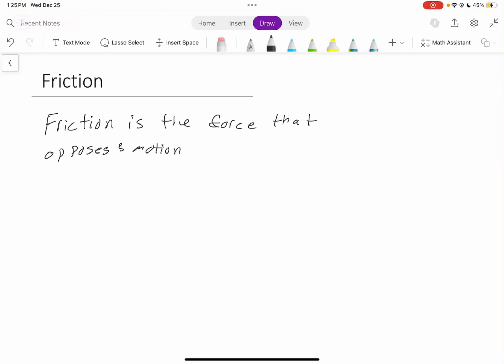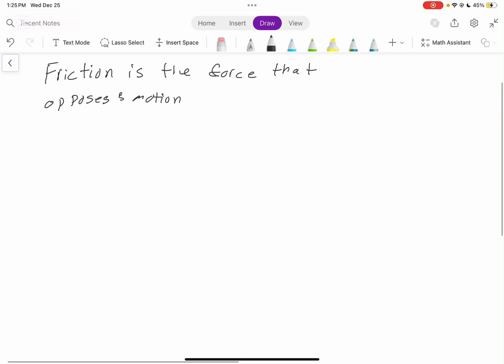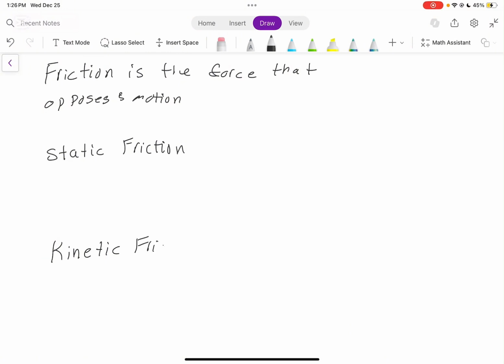So when you talk about the two types of friction there is static friction and there is kinetic friction. Pardon me, let me rewrite that. So there's two types of frictions. What's the difference? Well, static friction prevents an object from actually moving on a surface.